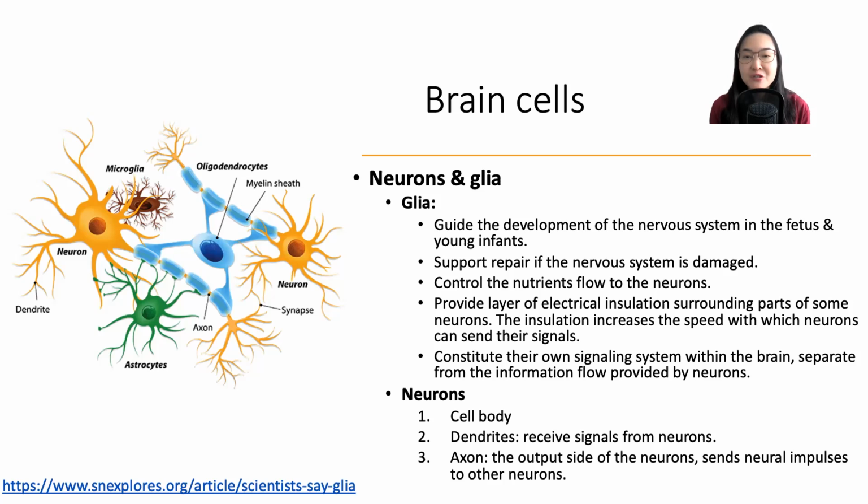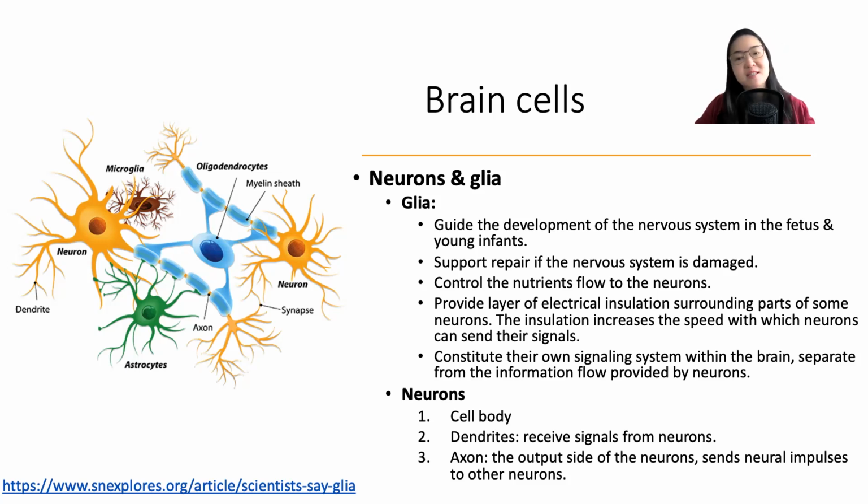Glia control the nutrient flow to the neurons. Glia provide a layer of electrical insulation surrounding parts of some neurons. The insulation increases the speed with which neurons can send their signals. Glia constitute their own signaling system within the brain, separate from the information flow provided by neurons.